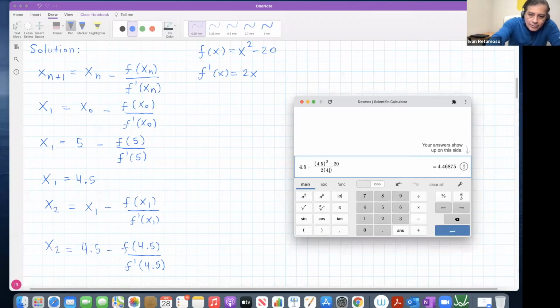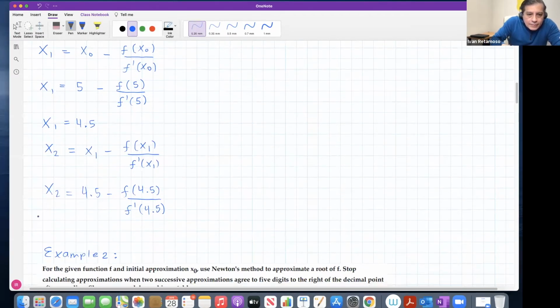That's why I put the parentheses there. Now, look at what we got: 4.472222, which rounded to 6 decimal places is this. Very good. Let me write this out. So x2 will finally be this value.